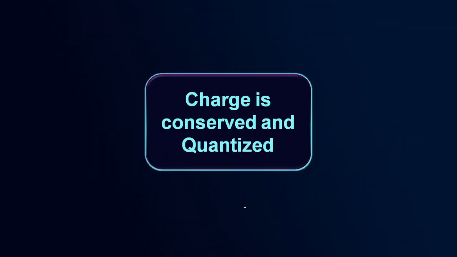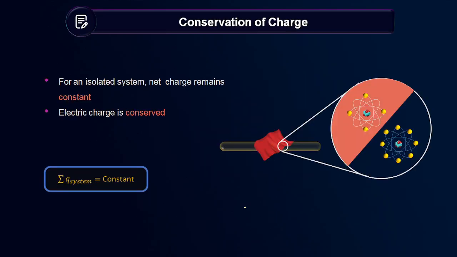Simple basic things. Now, there are a few properties of charge. First, charge is conserved, and second, charge is quantized, and so on. So first, charge is conserved. It says that for an isolated system, the net charge remains constant, and electric charge is always conserved for the system. Suppose there are two objects we consider, one is a rod and one is a cloth.